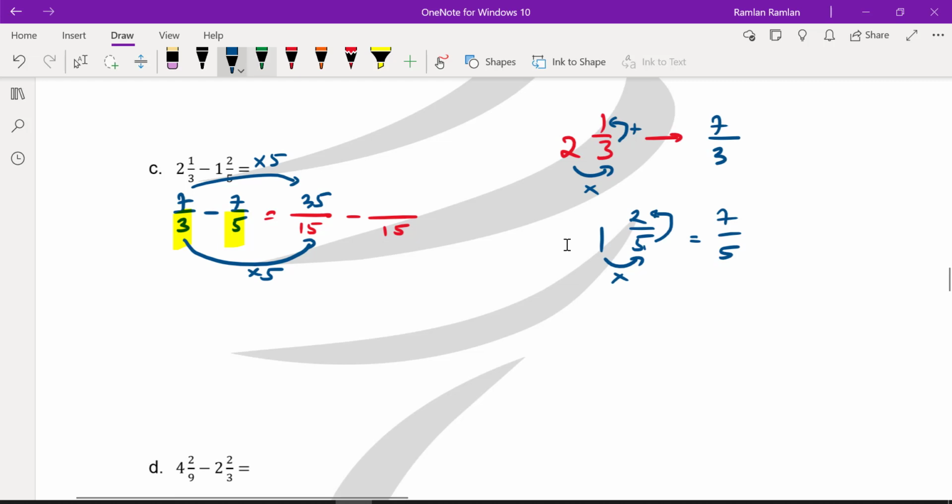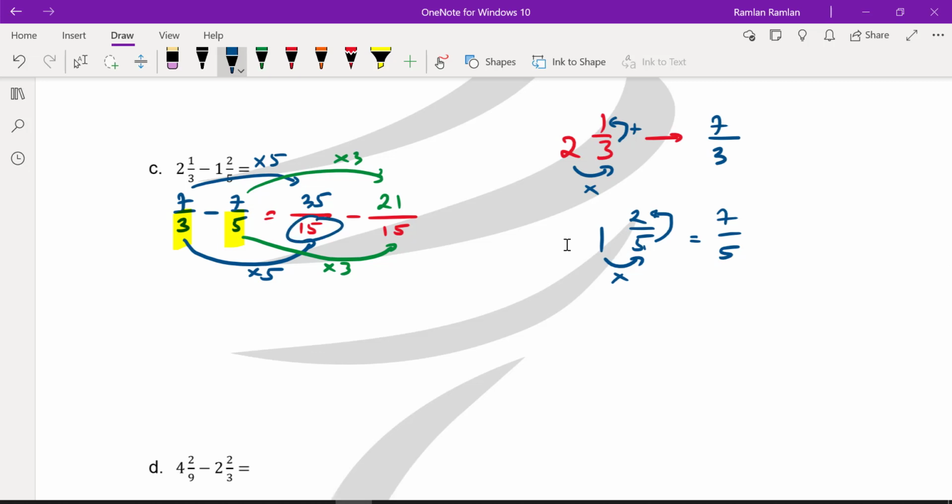Okay, the next one is also the same thing. 15 divided by 5 is 3, which means that you multiply 5 by 3, because 5 times 3 equals 15. So you're also going to need to multiply this by 3, which is 7 times 3 is 21.